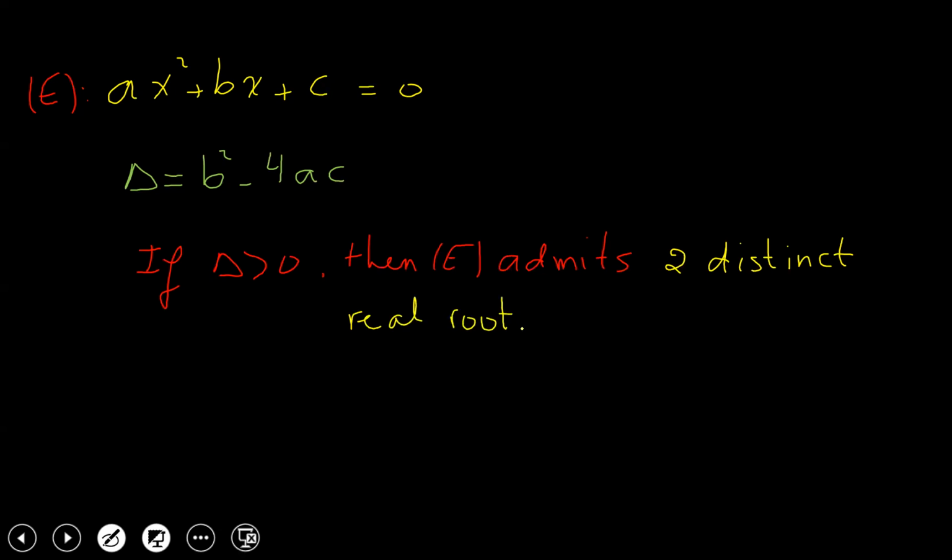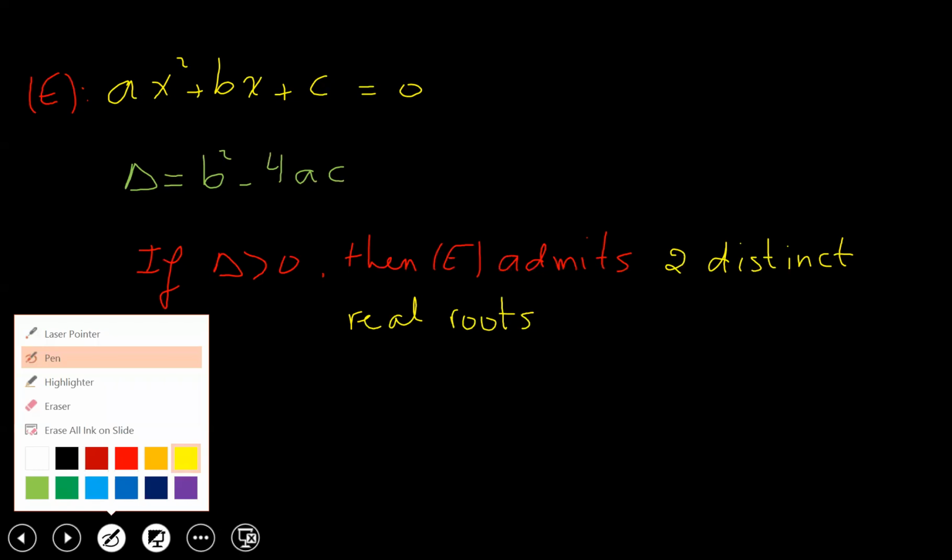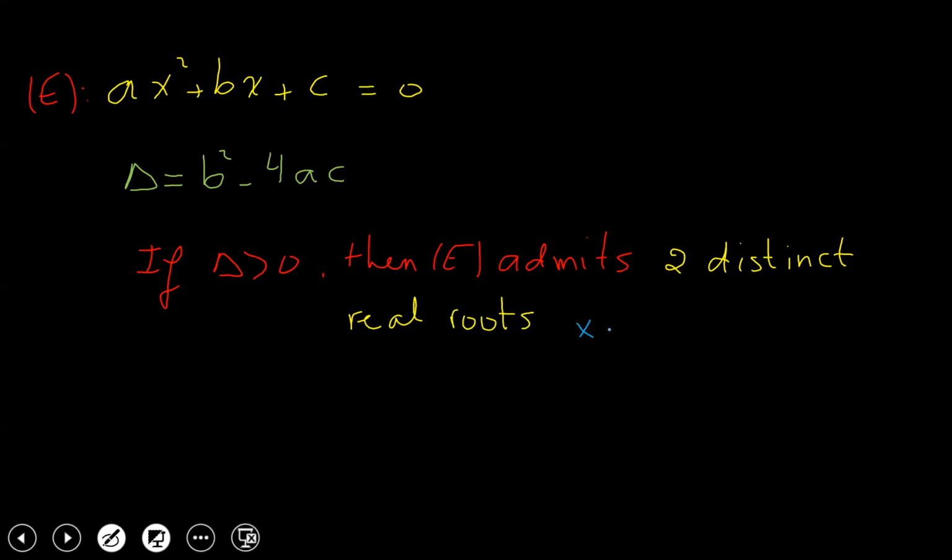What are these roots? They are x1 equals minus b minus radical delta over 2a, and x2 is equal to minus b plus radical delta over 2a.